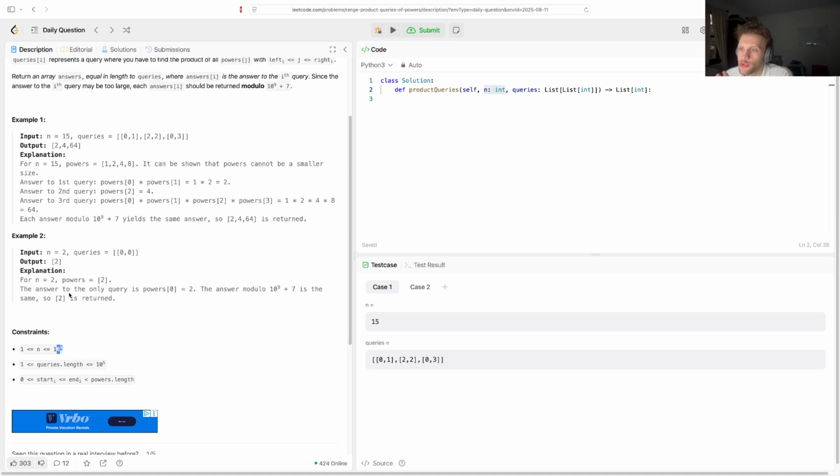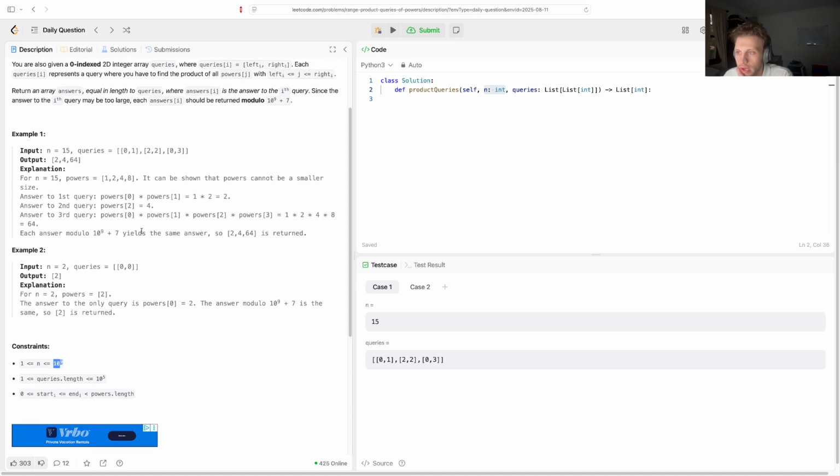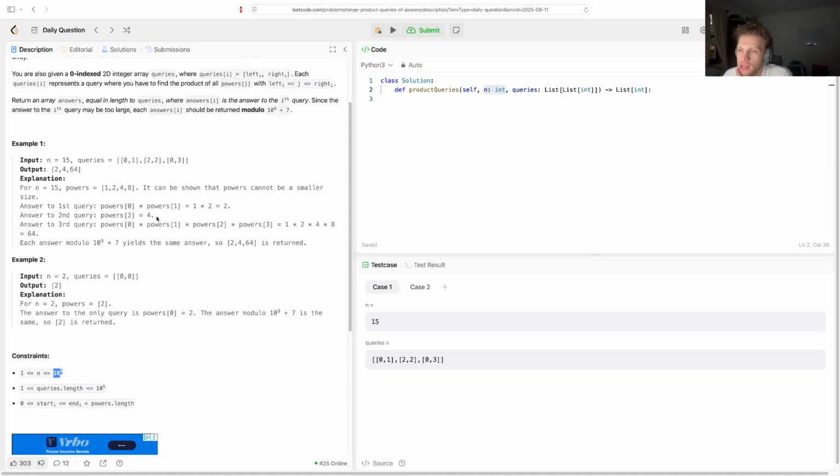Okay, so the len of powers is never going to be greater than 30 because log of 10 to the ninth is 30. Okay, so essentially what we're doing here is we're finding the query ranges and multiplying them.